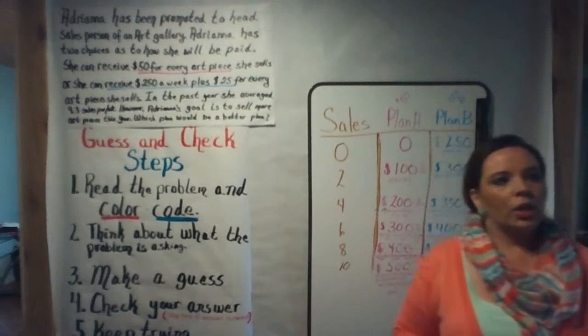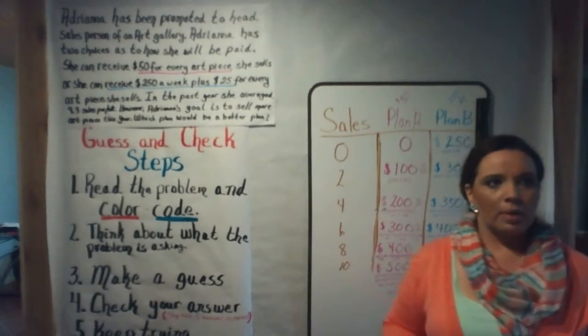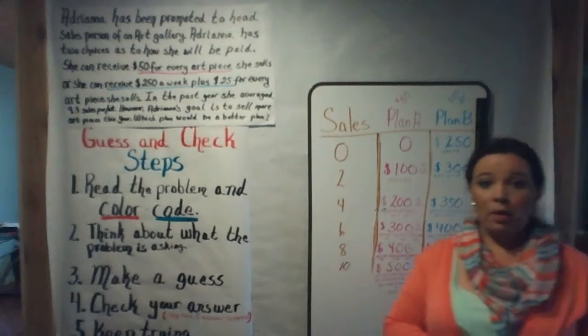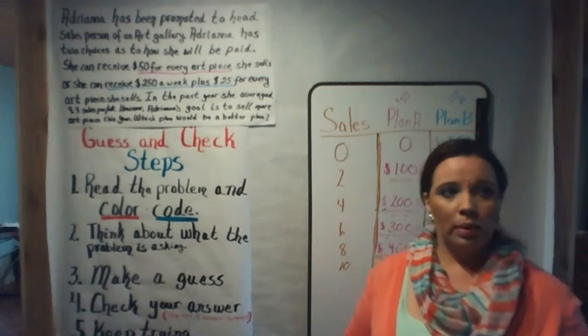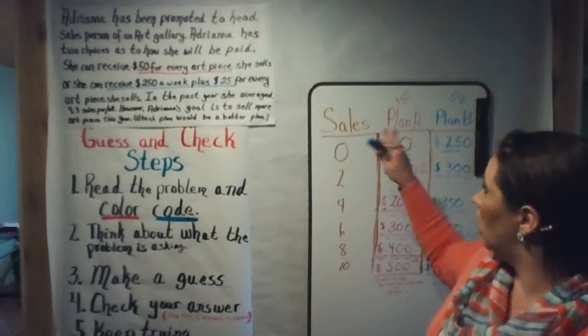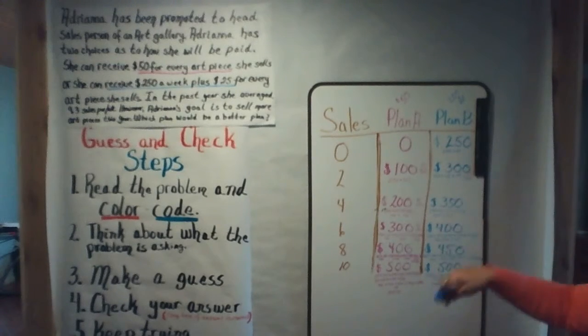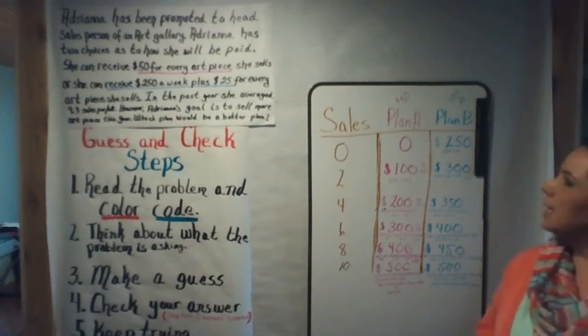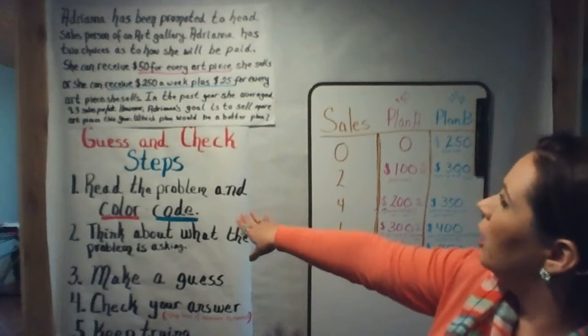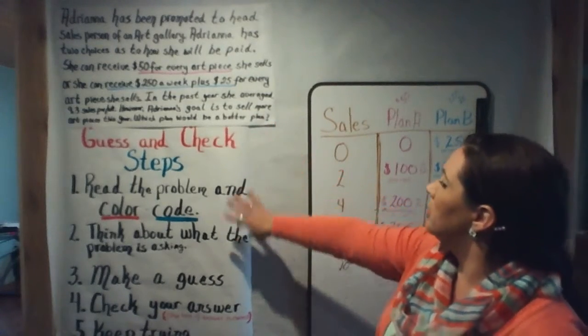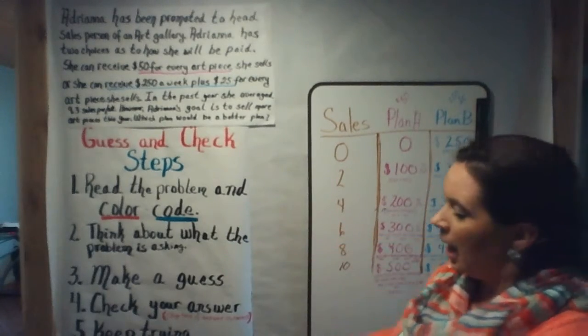Now, the guess and check, you could start by plugging in numbers. Very, very important that you label your table that you make. Now let's say we're going to color code it first. We read our problem. Second, we're going to color code.